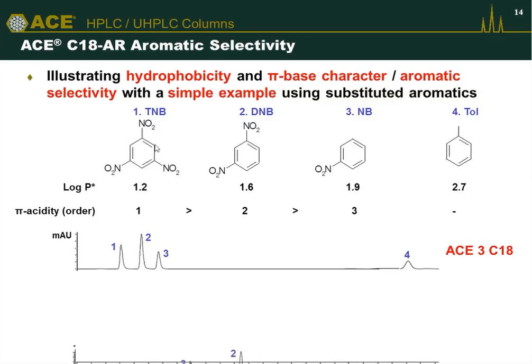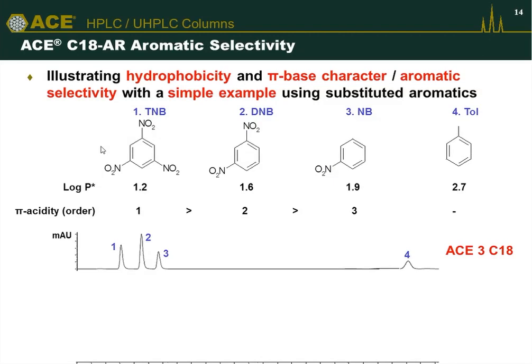Their pi acidity is related to the degree of substitution. So the more these nitro groups are substituted on the ring, the more pi acidic the analyte itself is. So you can see there's trinitrobenzene, dinitrobenzene, and mononitrobenzene, and the trinitrobenzene species is the most acidic.